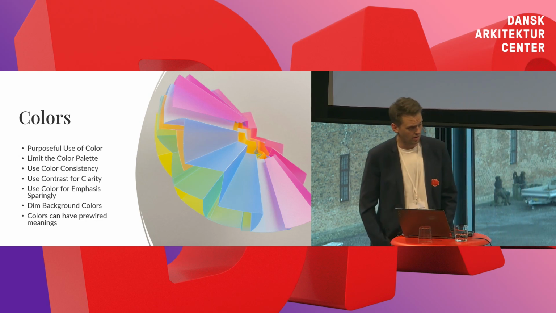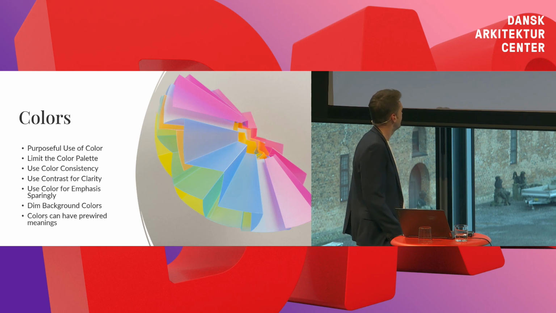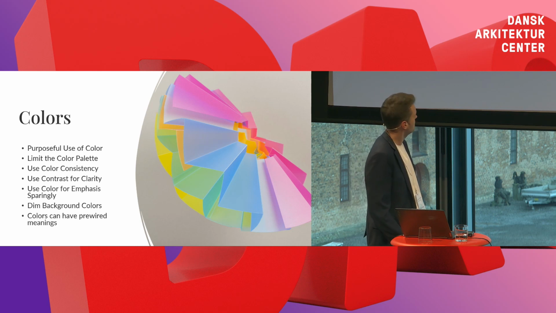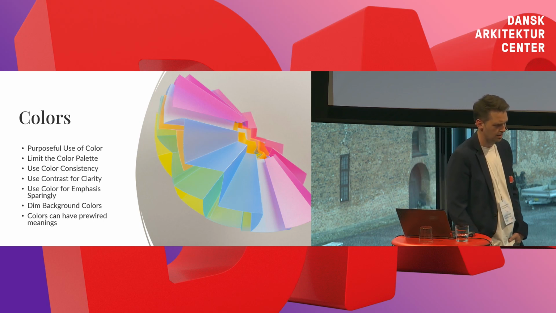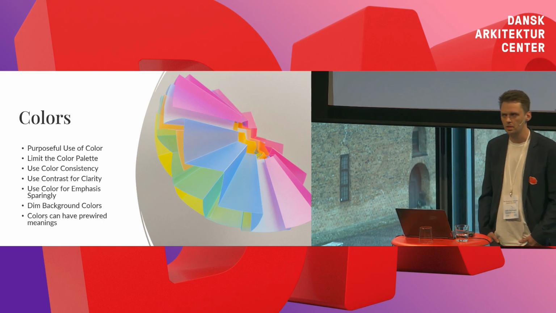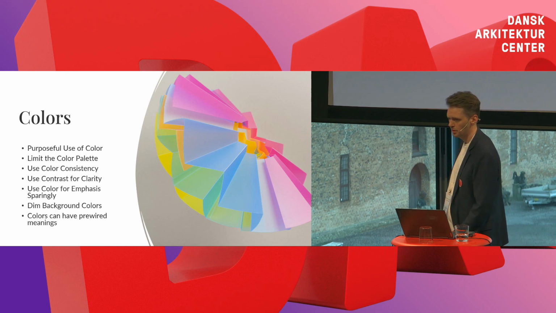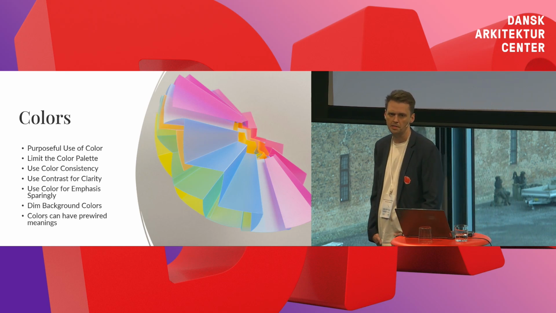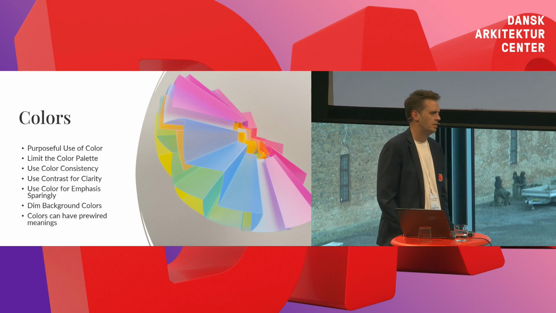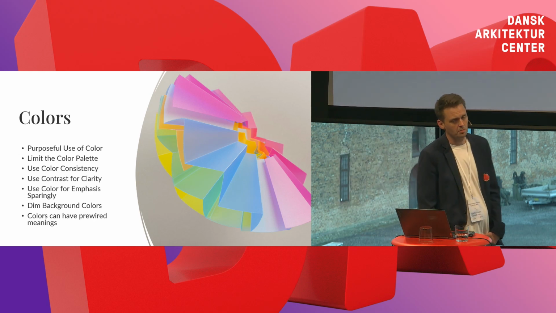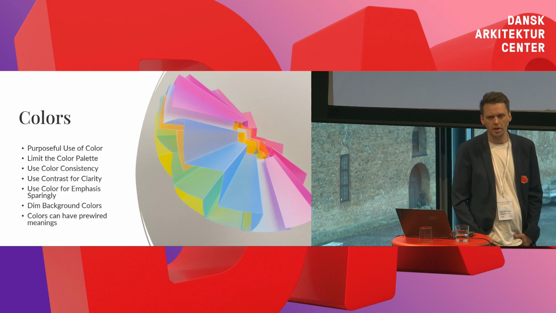And an often overlooked point, even though we basically all know this, colors can have pre-wired meanings. So I think we all agree that if we see something being green, we naturally perceive it as good. So be wary of that. And if you see something being red, especially if it's next to something being green, we would perceive that to be bad.